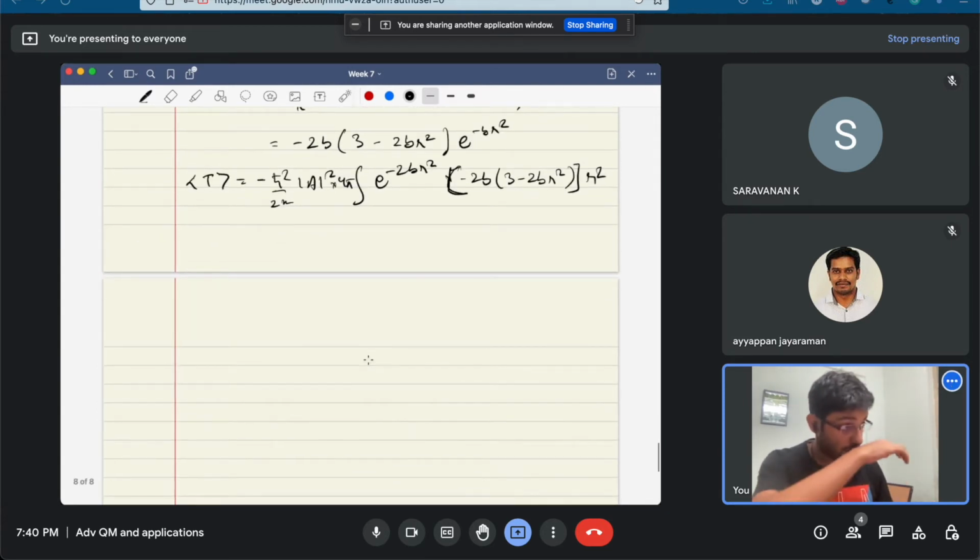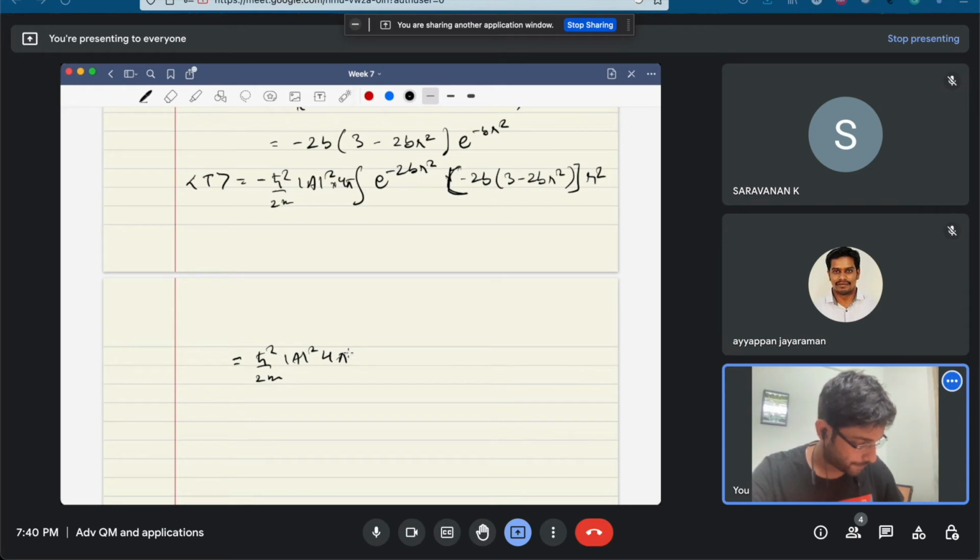Okay, fine, I'll just do it. So what we essentially get, we get minus 2b outside, we have 3 minus 2b square, and we have a r square already at place. Okay, so we have h square by 2m mod a square 4 pi.